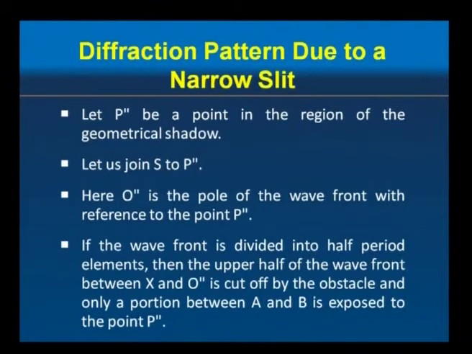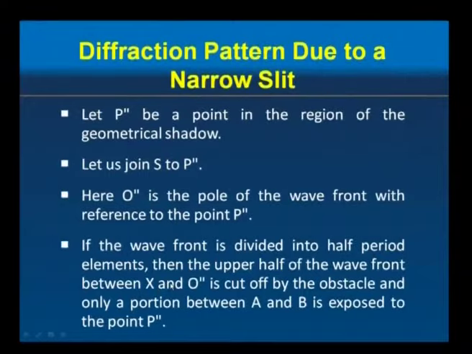So, this is what I am going to discuss now. O double prime is the pole of the wavefront with reference to the point P double prime. I showed that if you join S to P double prime, then O double prime becomes the pole.